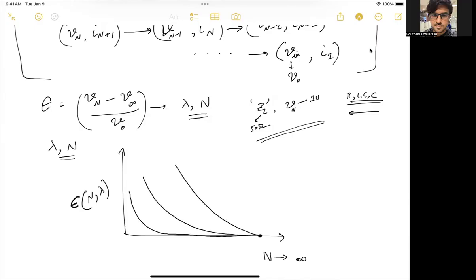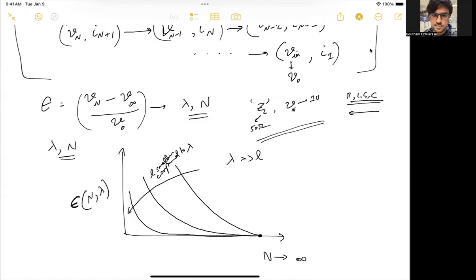What happens in this family of curves is that as your lambda becomes much greater than L, so if your wavelength is much longer compared to L, the graph tends to go more like this. So this is as L is becoming smaller compared to lambda.